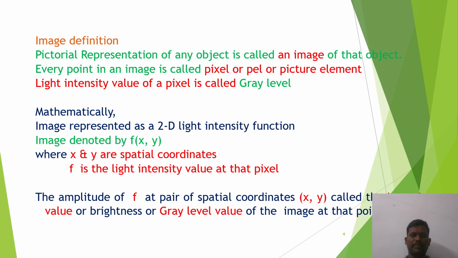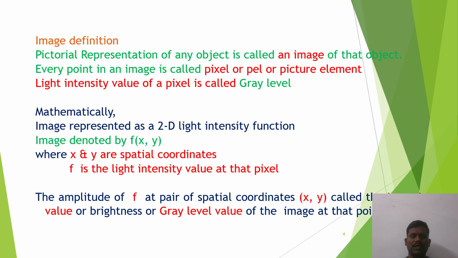At each and every point, based upon the light intensity value, you observe that particular image. The light intensity at each point is called the gray level value, or you can also call it light intensity.